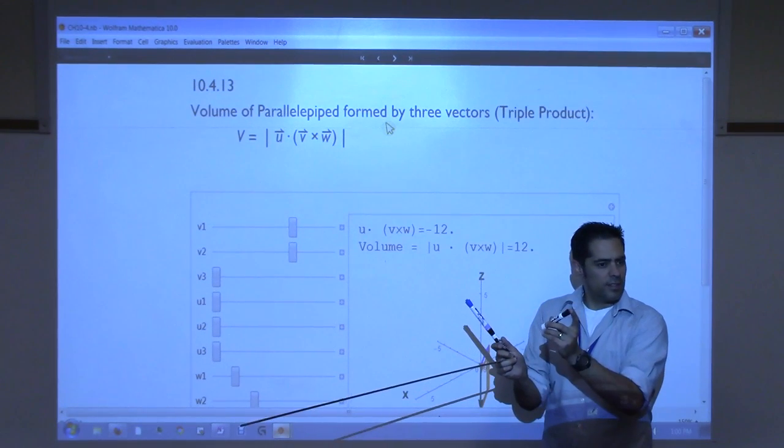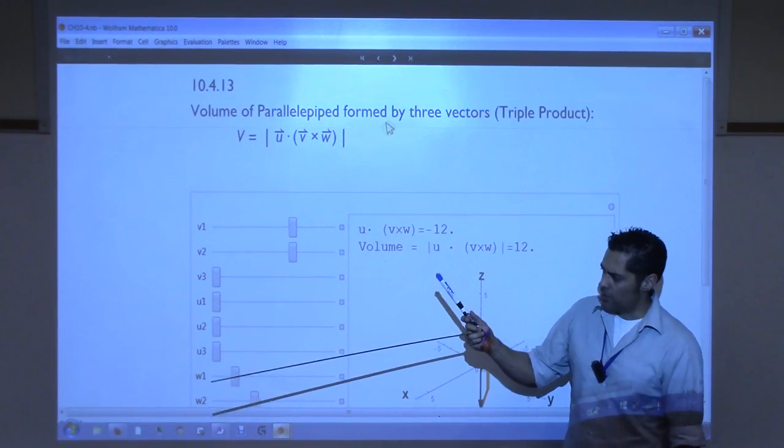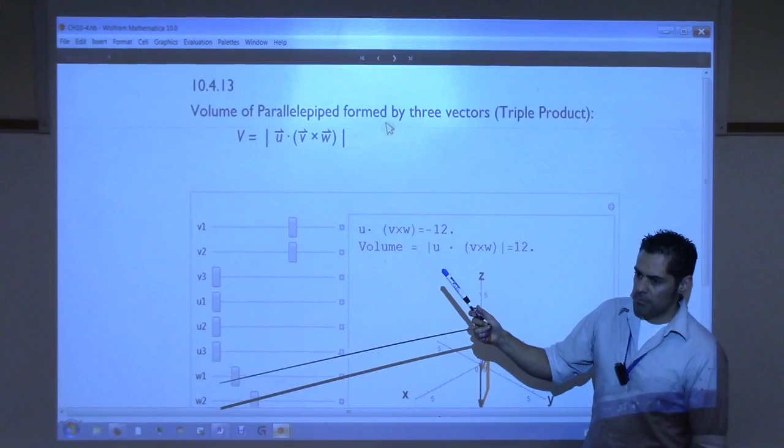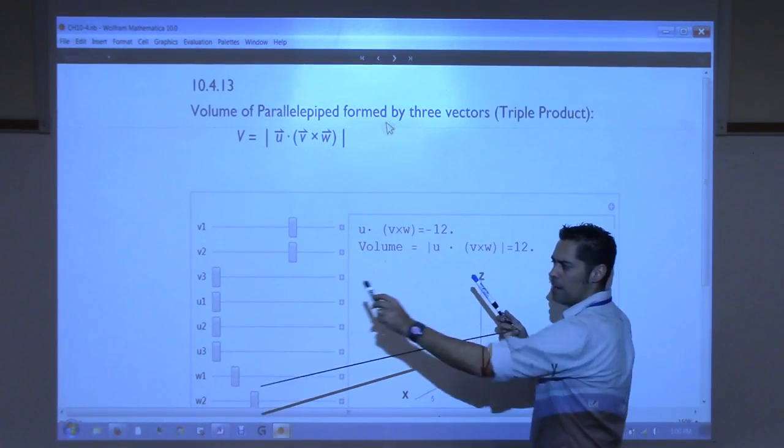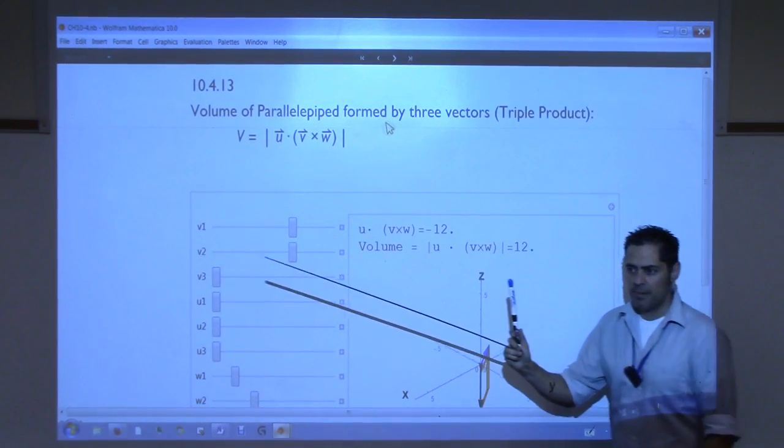The length of this vector is equivalent to what geometrically? The area of the parallelogram formed by these two vectors, right?